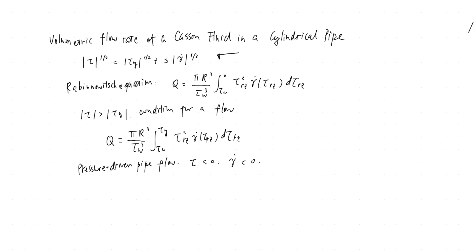So in order to resolve this, what we are going to do is make a change of variable, so that we let tau become negative tau, and we let gamma dot become negative gamma dot. We still call them tau and gamma dot. We just change them in a way that we put a negative sign on them.